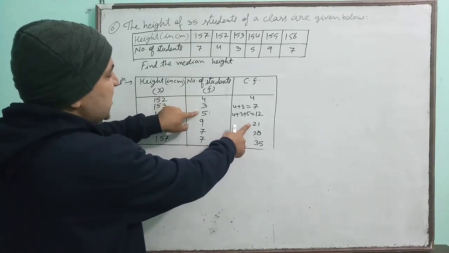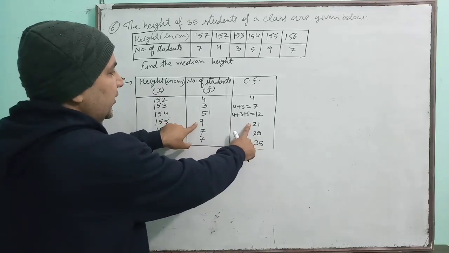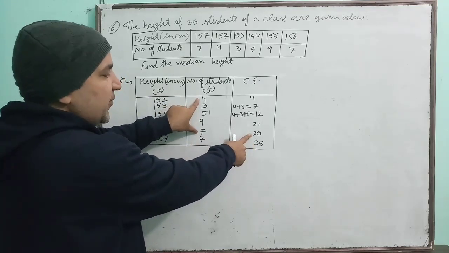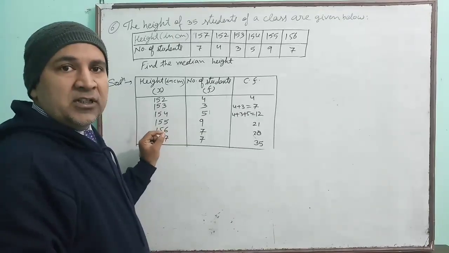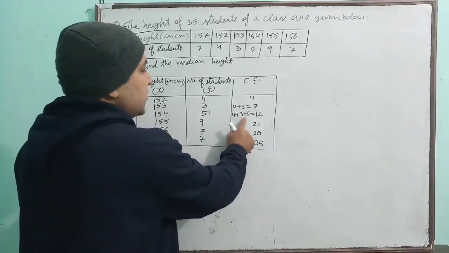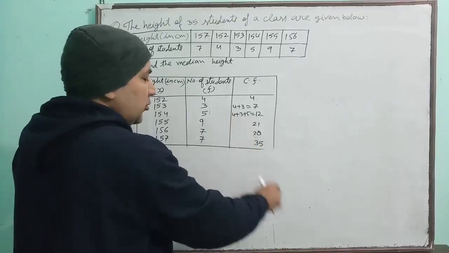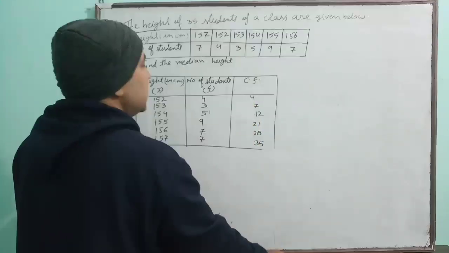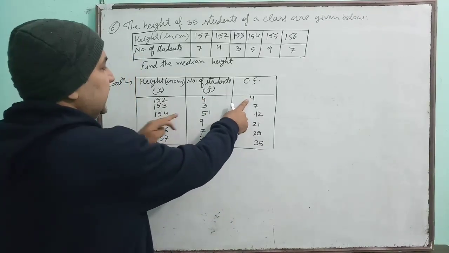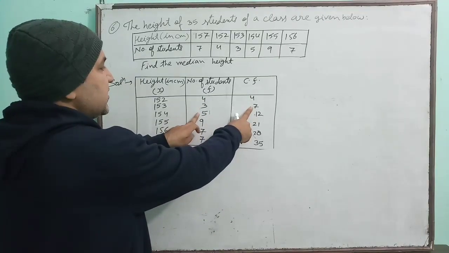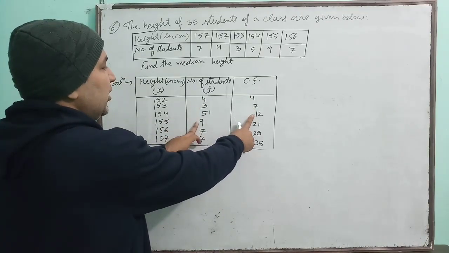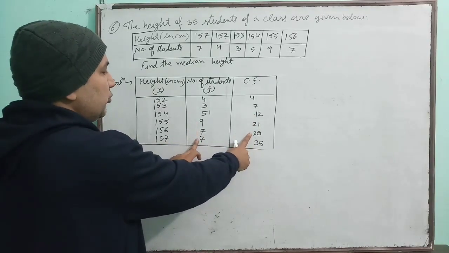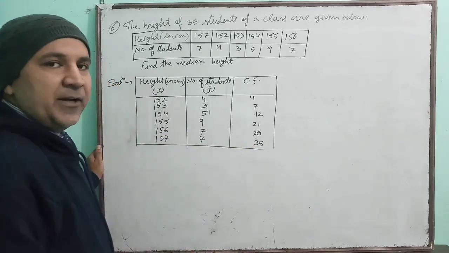4 plus 3 plus 5 plus 9 will be 21. The fifth cumulative frequency will be the sum of the first 5. This point you have to understand. This addition you need not show, you can do it directly. Okay? See, first one is 4, then 4 plus 3 is 7, 7 plus 5 is 12, 12 plus 9 is 21, 21 plus 7 is 28, 28 plus 7 is 35.